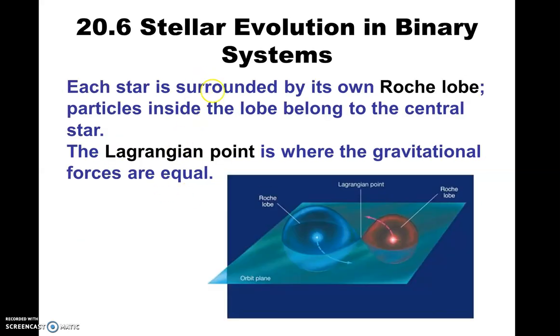All right. So let me mention this idea of the Roche lobe. A lot of times we talk about this more with planets and with moons. So if a moon is, I know these are stars here, but it's the same idea.